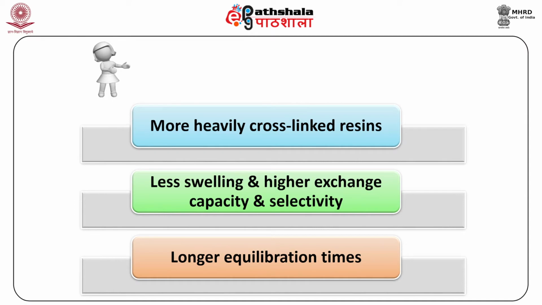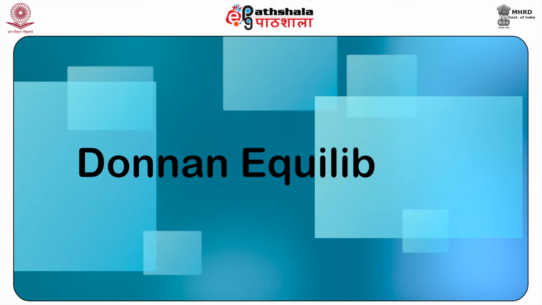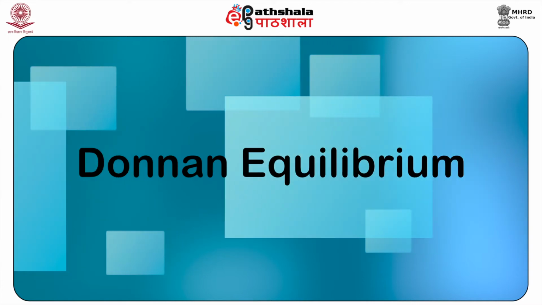More heavily cross-linked resins exhibit less swelling and higher exchange capacity and selectivity, but they have a longer equilibration time. Let us now talk about the Donnan equilibrium.